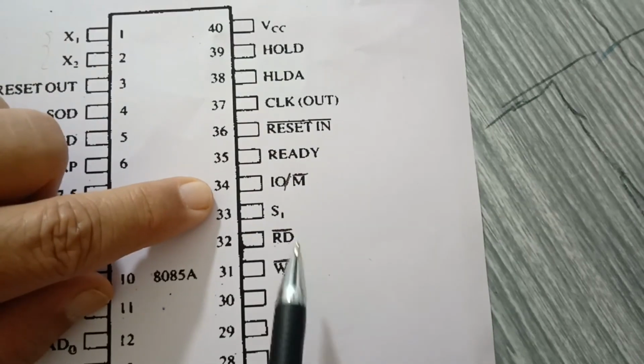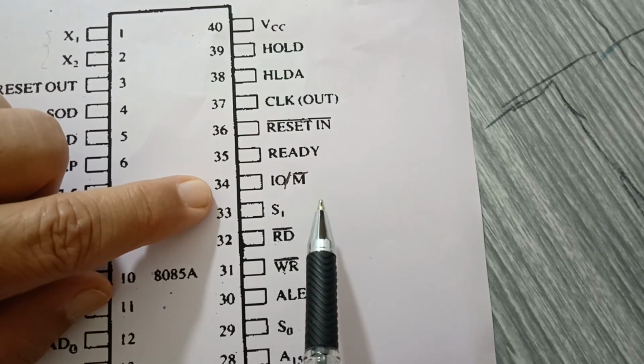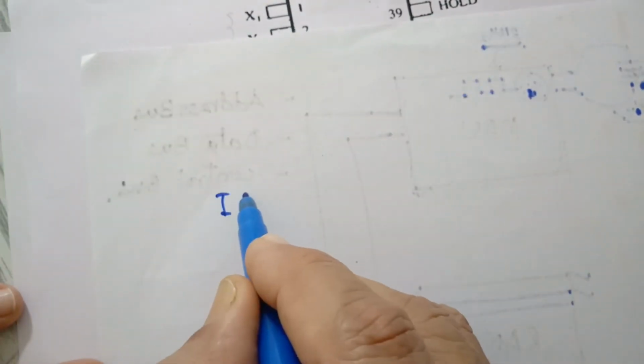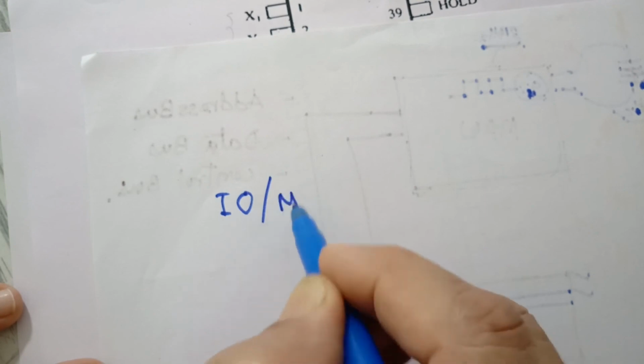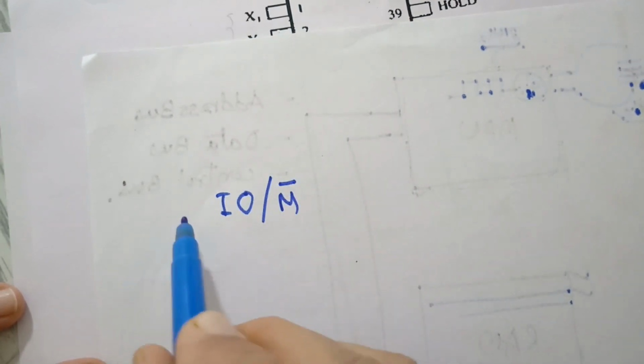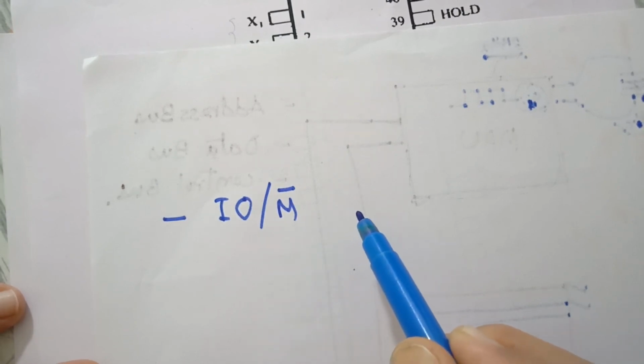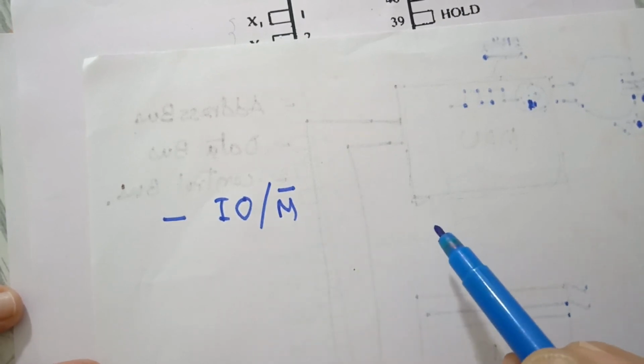Let us consider one more pin, that is the IO/M bar. This pin is a control pin, and this indicates the status of the microprocessor.